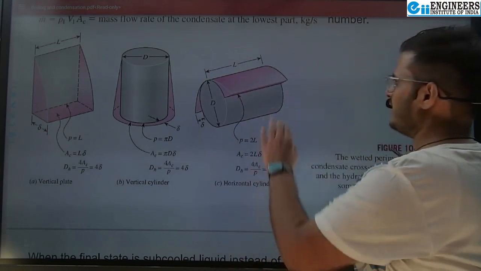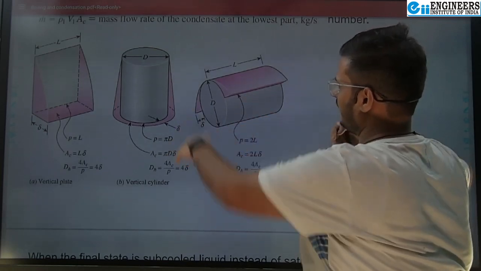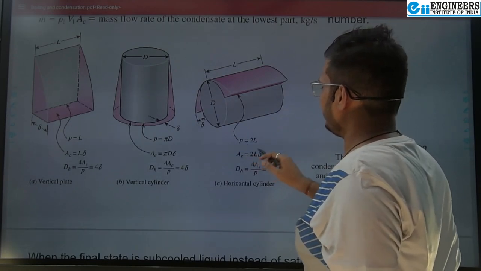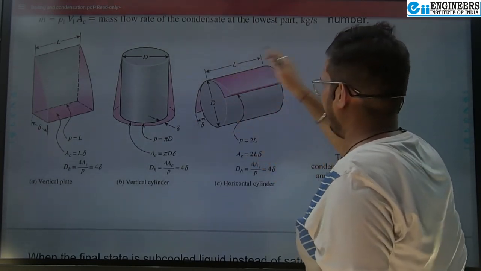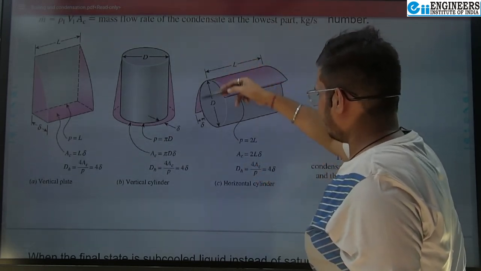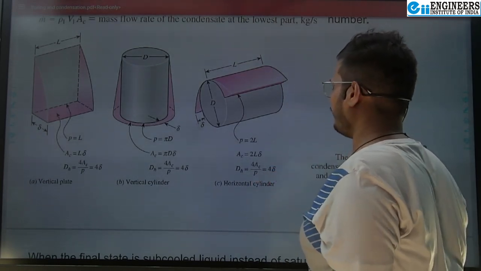Similarly, if the cylinder is kept horizontal along its length, this will be the film that is forming. Then the perimeter equals 2L, and the cross-sectional area equals 2L delta, so D_H equals 4A by P, that equals 4 delta.